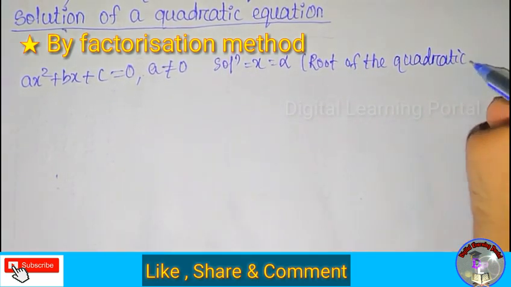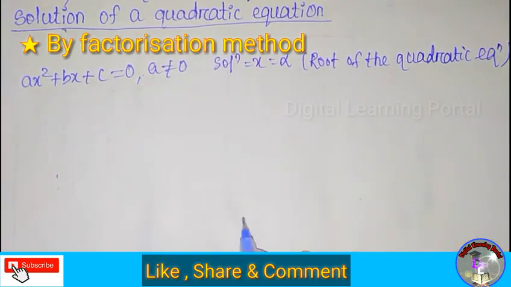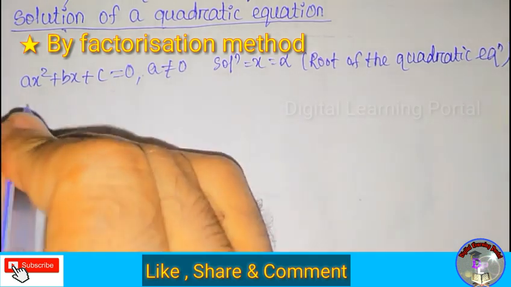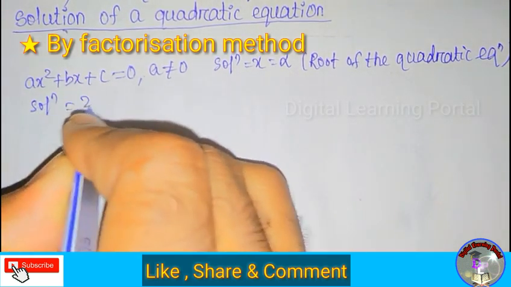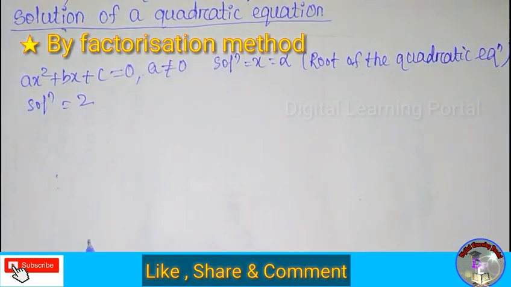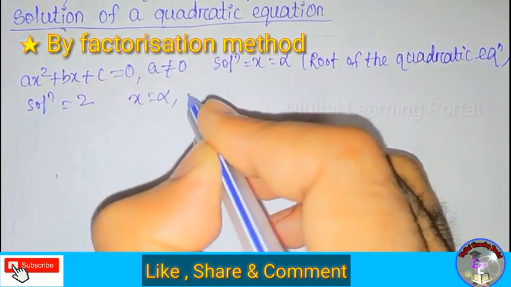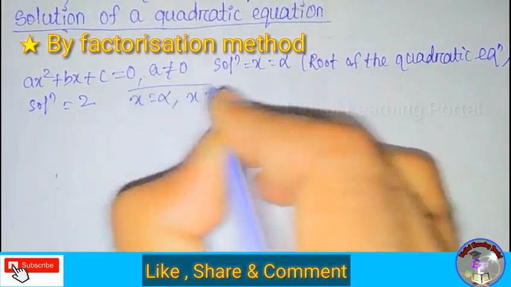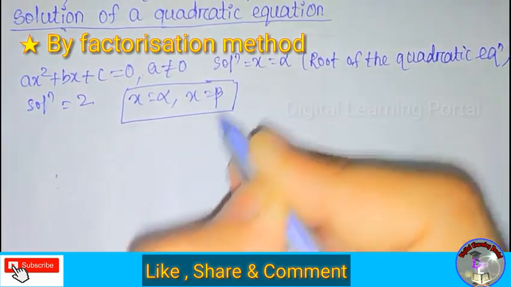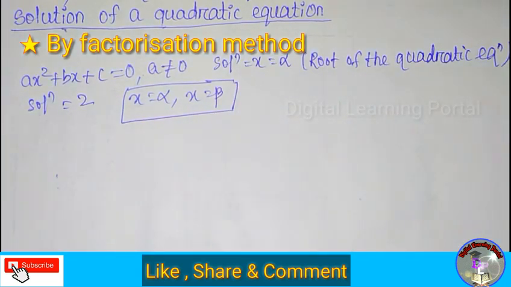As it has the second power, a quadratic equation has 2 solutions. That is, there are two solutions for a quadratic equation. One is x is equal to alpha, another one is x is equal to beta. This is the solution for a quadratic equation.